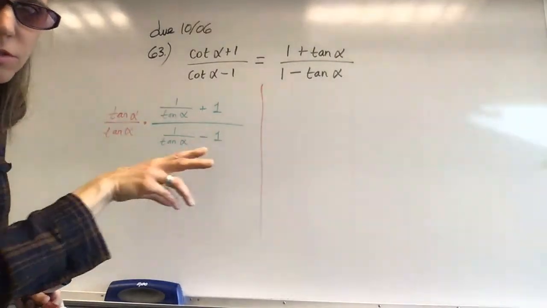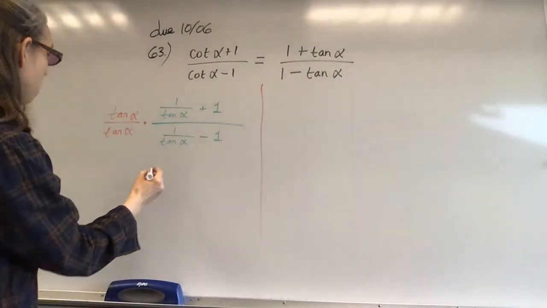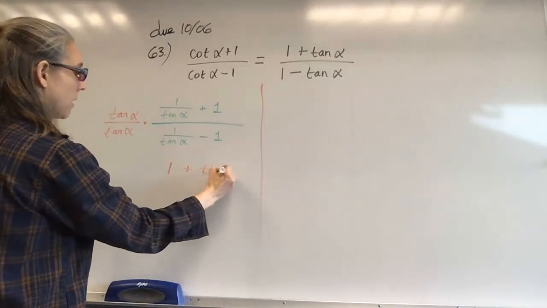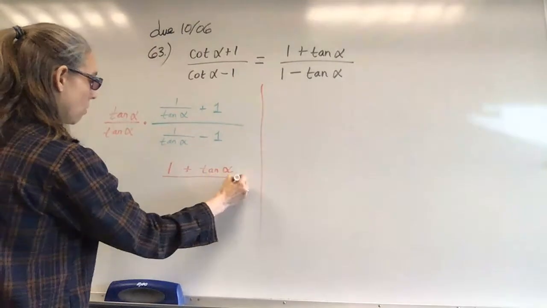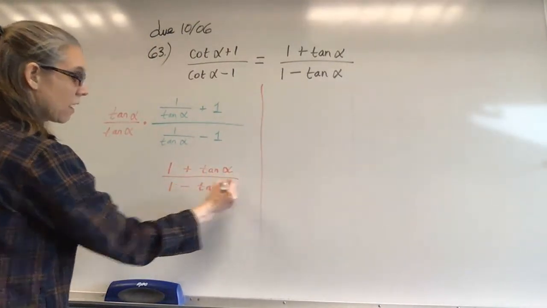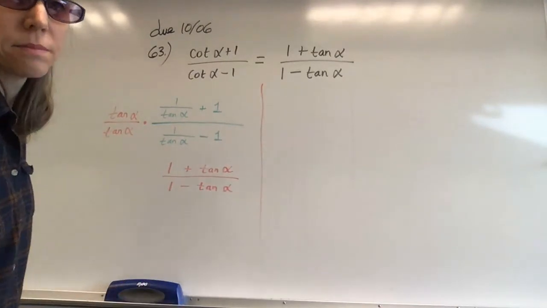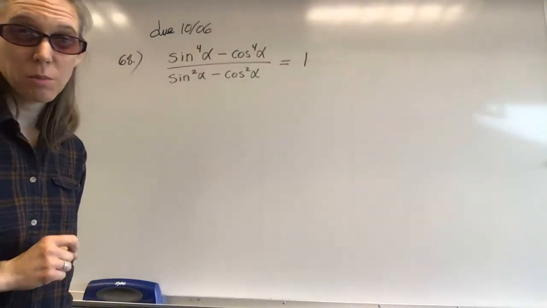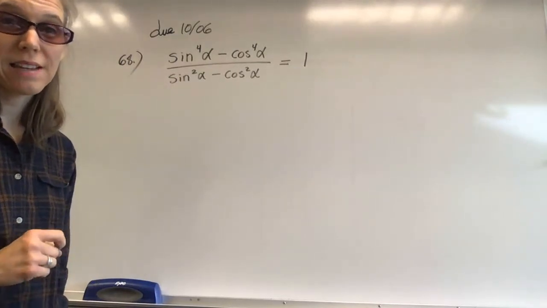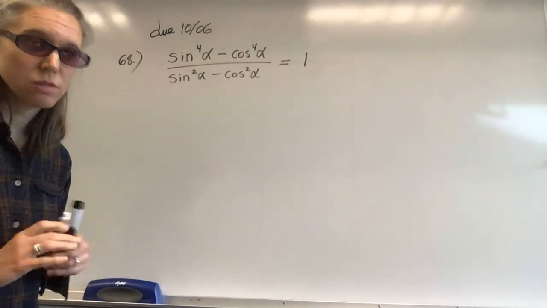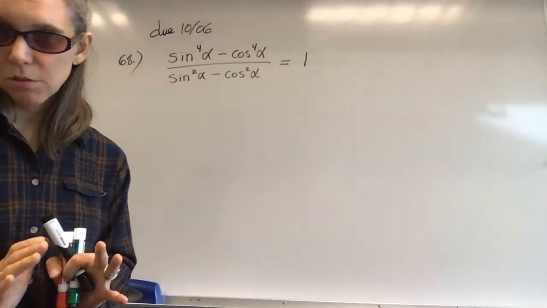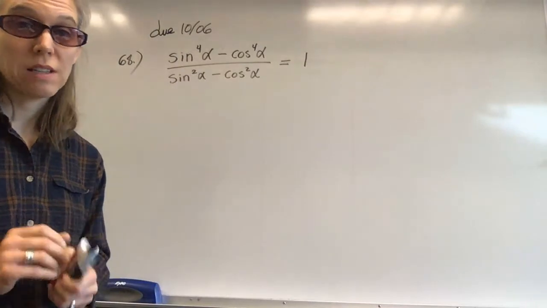Now, when I use the distributive property, I'll end up with 1 plus tan alpha over 1 minus tan alpha, and I'm done. I did not assign number 68, I assigned number 67. But 68 and number 67 are so similar that I will do 68 for you, and you should then be able to make any corrections that you need to number 67.